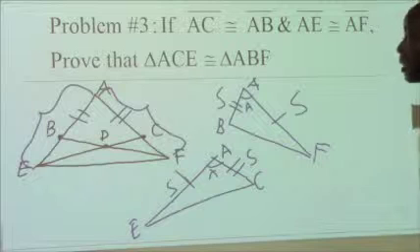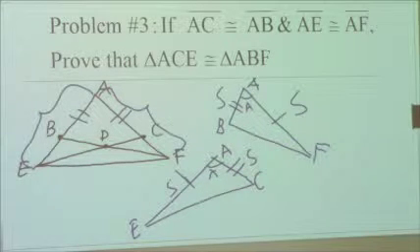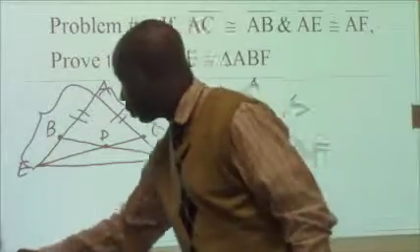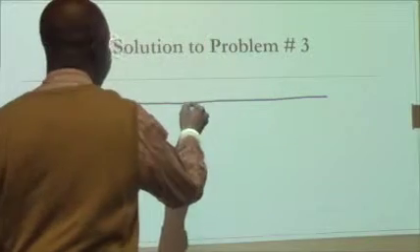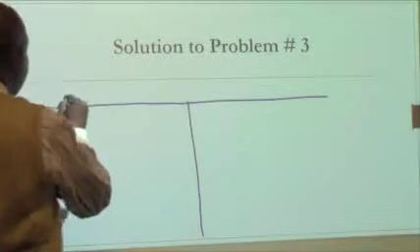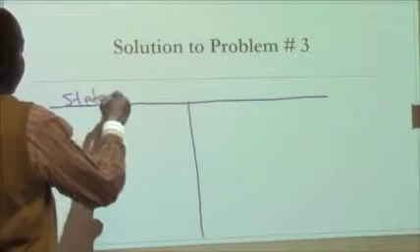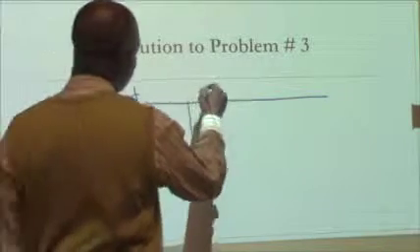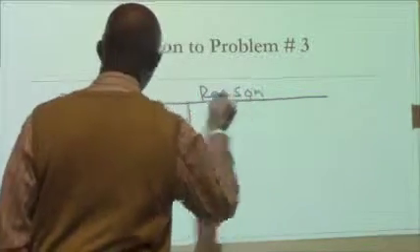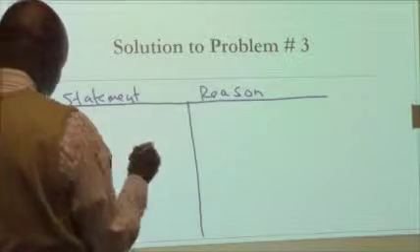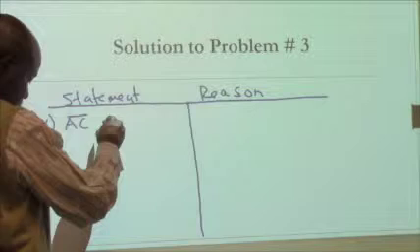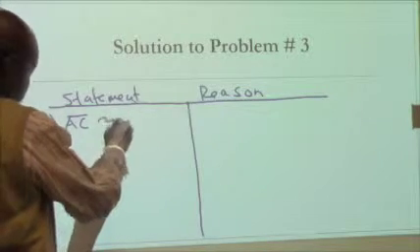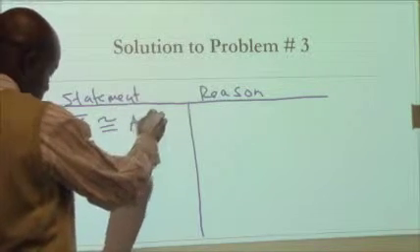So that's what we're going to do next. We're going to put down the given information by stating it, our statements and reasons. So let's go. Statement. Reasons. Number one, we're told that AC was congruent to AB.